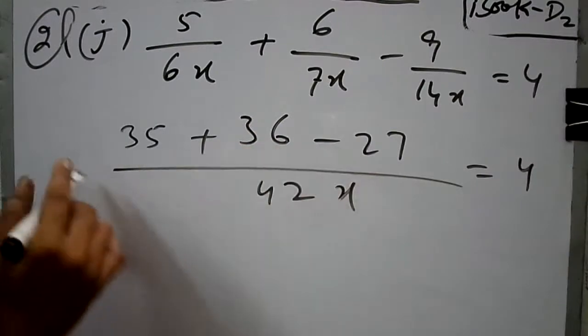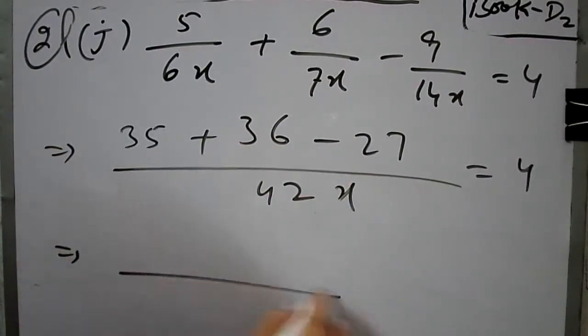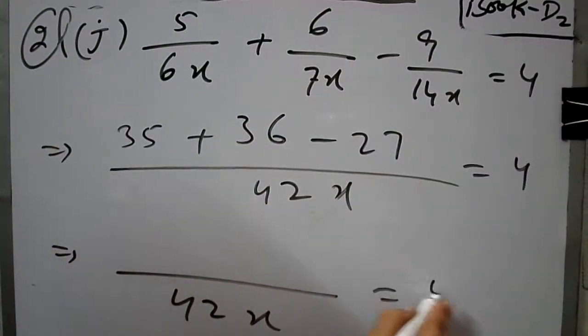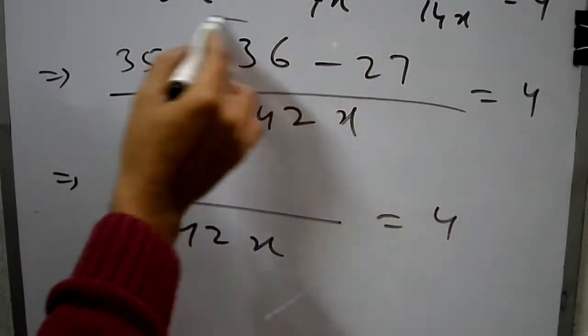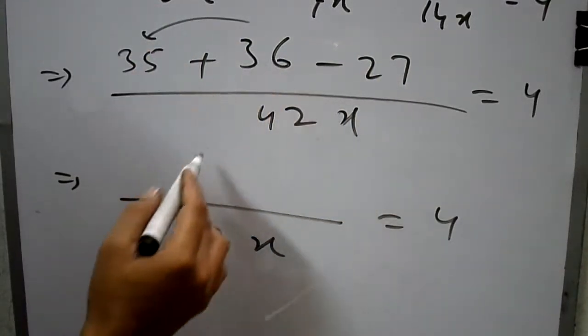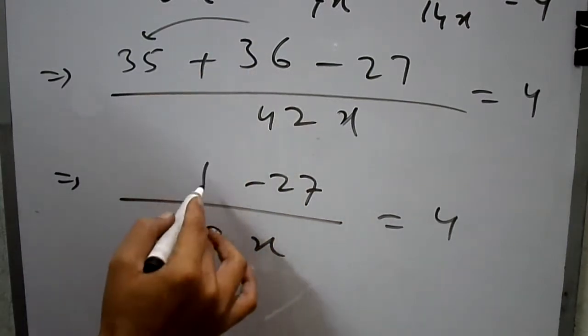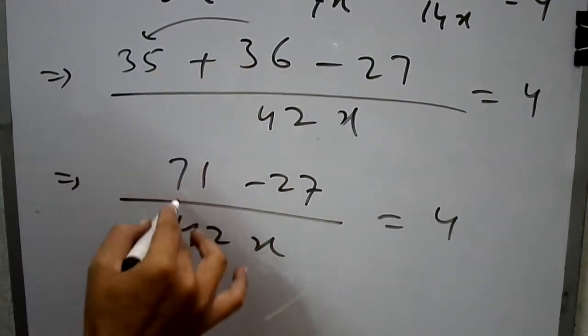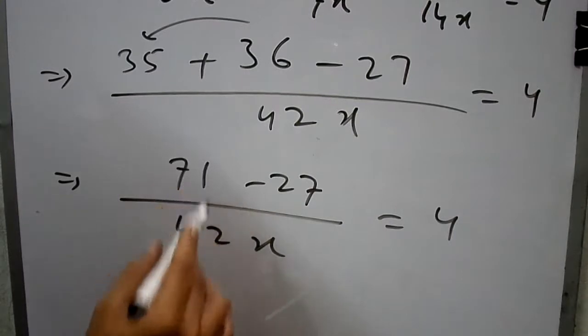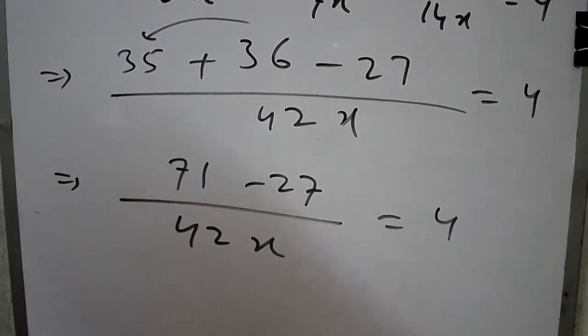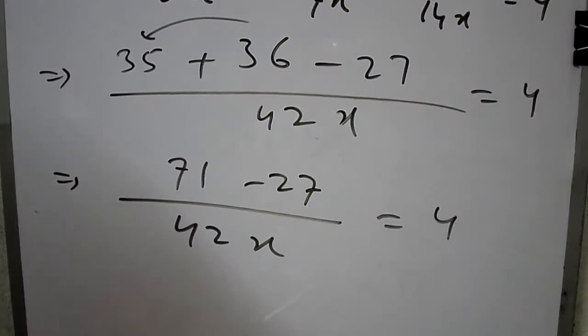So after simplification, from this you will get 71 minus 27, you will get 44.